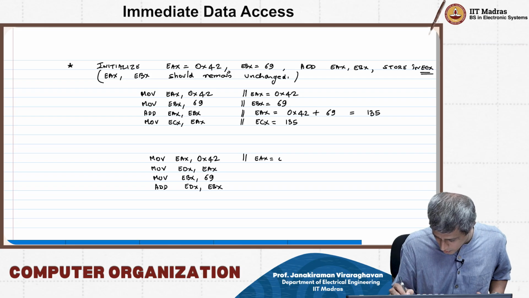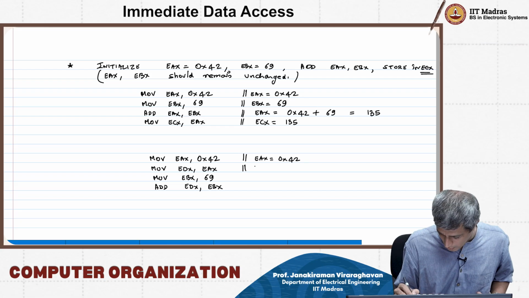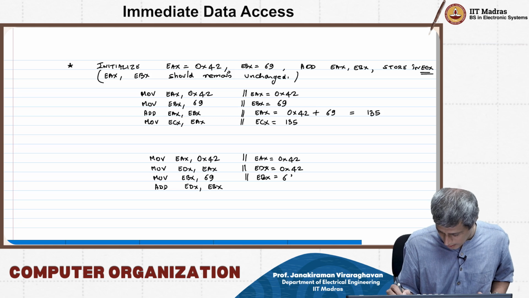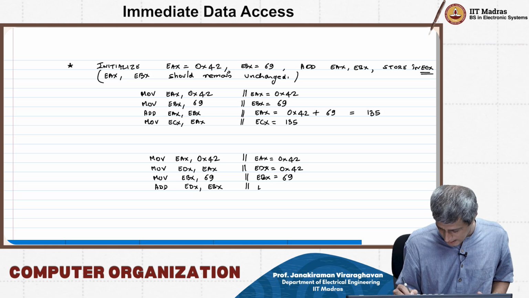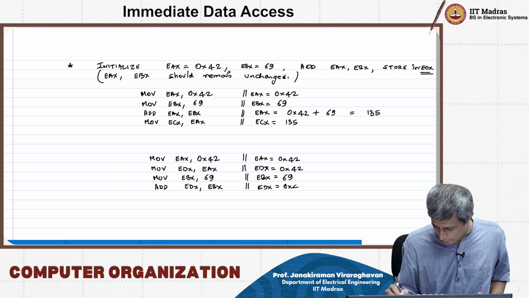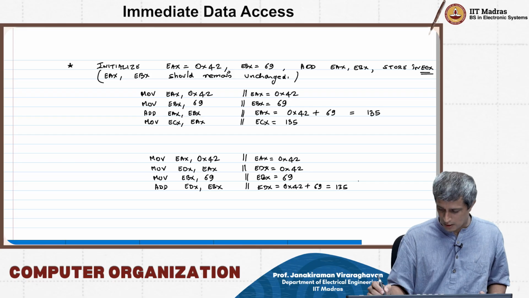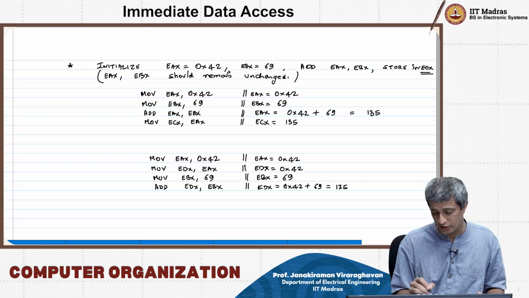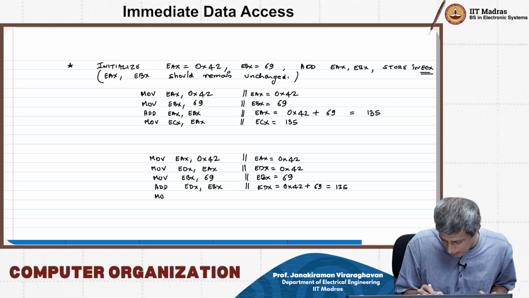EAX equals 0x42, EDX equals 0x42, EBX equals 69, and EDX will now get 0x42 plus 69 equal to 135. But note that EAX has not changed in the process. So finally I move into ECX the value of EDX.